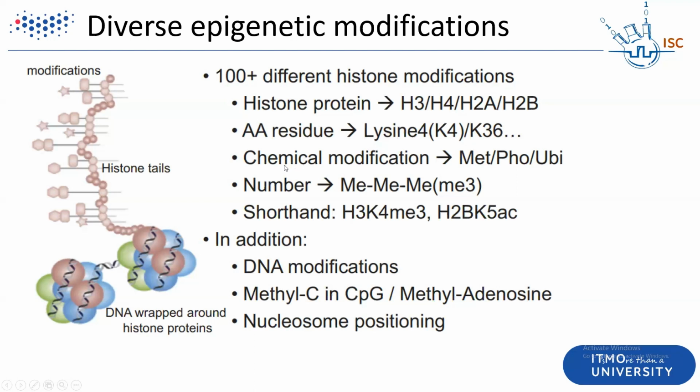Chemical modifications are present, like methylations, phosphorylations, ubiquitinations. These modifications are also present in the protein as post-translational modifications. Some numbers: different methylated groups can be added like this.